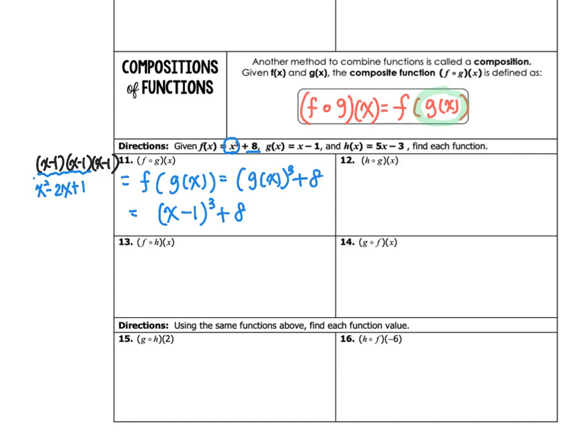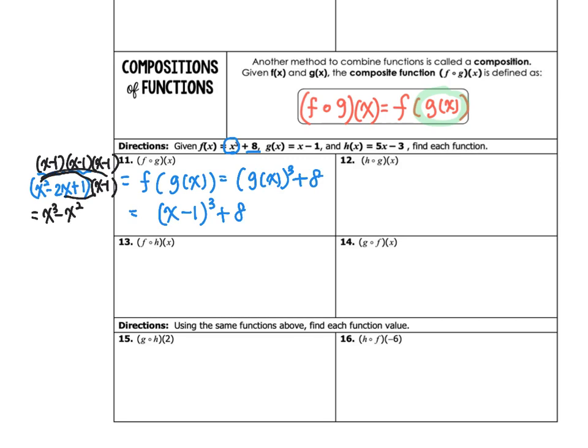And after that, I'm going to multiply with another x minus 1 with the one I got from the first two, right? So that will give me x cubed, and that will give negative x squared.